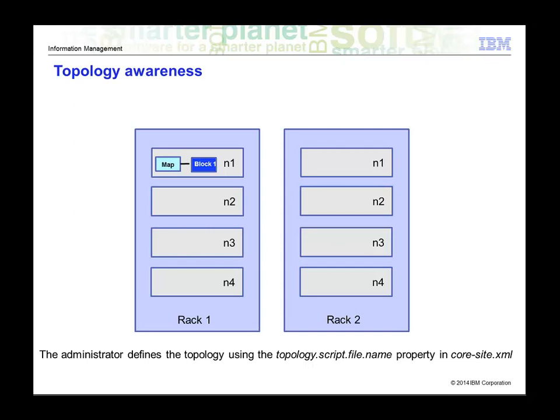When deciding which task tracker should receive a map task that reads data from B1, the best option is to choose the task tracker that runs on the same node as the data. If we can't place the computation on the same node, our next best option is to place it on a node in the same rack as the data.